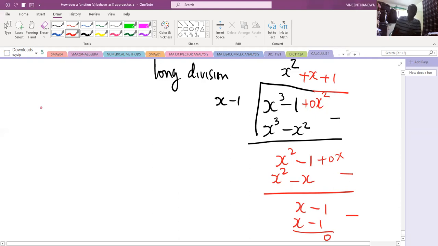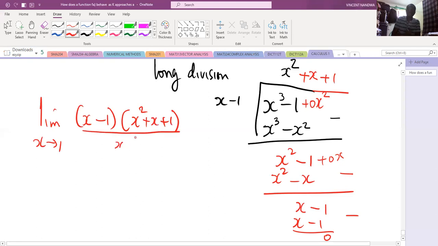So therefore, we'll have limit as x approaches 1 of x minus 1 times x squared plus x plus 1, divided by x minus 1. And you see this term and this one cancel out.